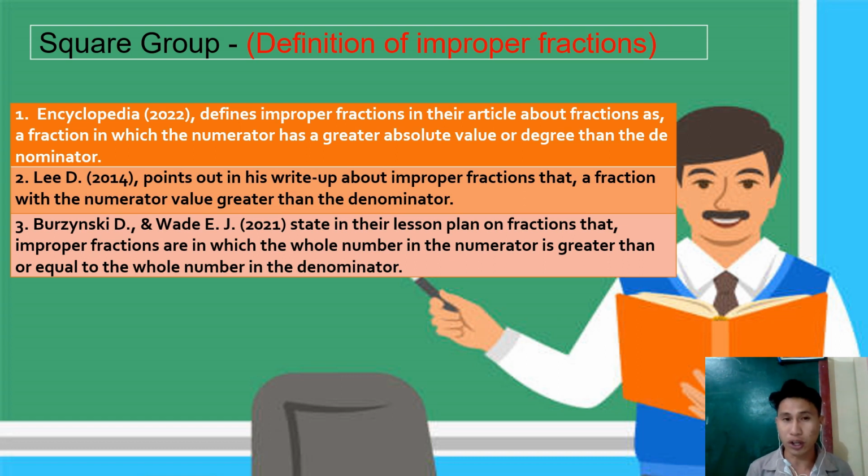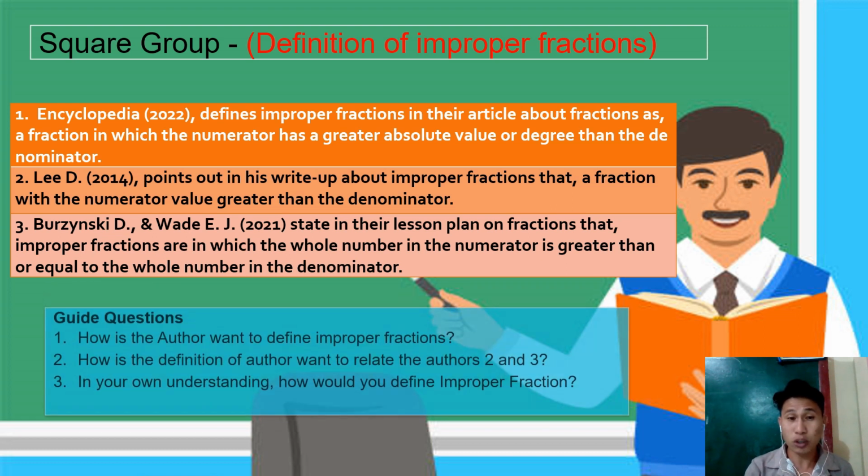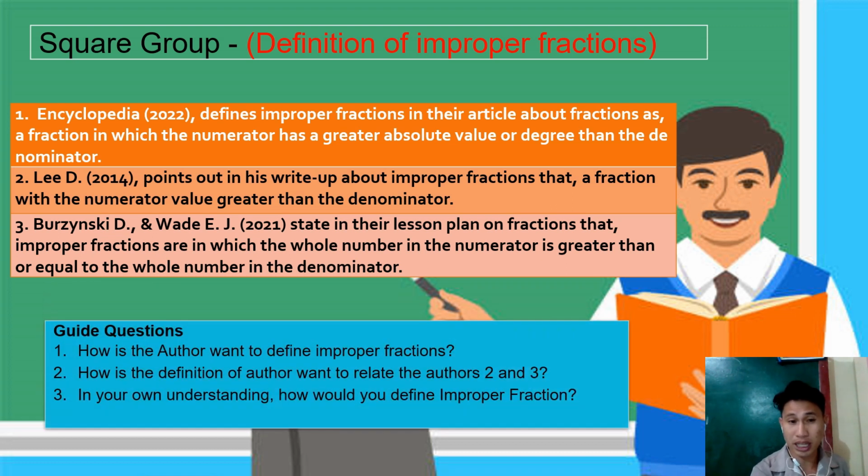There are 3 authors, and from the 3 authors, the learner focused on the definition of improper fraction, which has 3 guided questions. The first question is, how does the author define improper fraction? How does the definition of the author relate to authors 2 and 3? And last, in your own understanding, how do you define improper fraction?